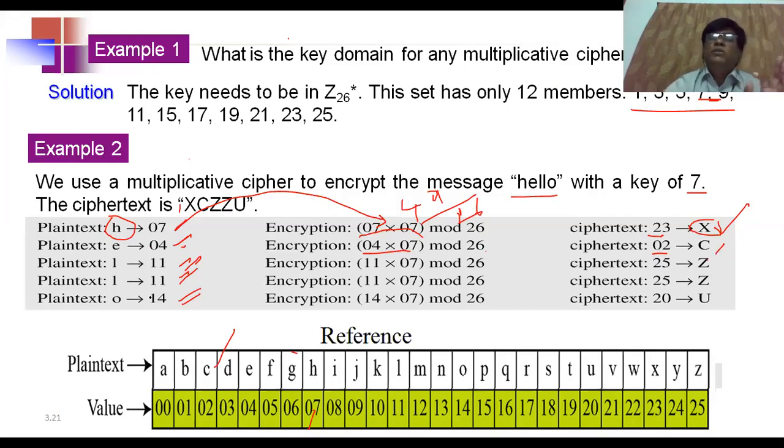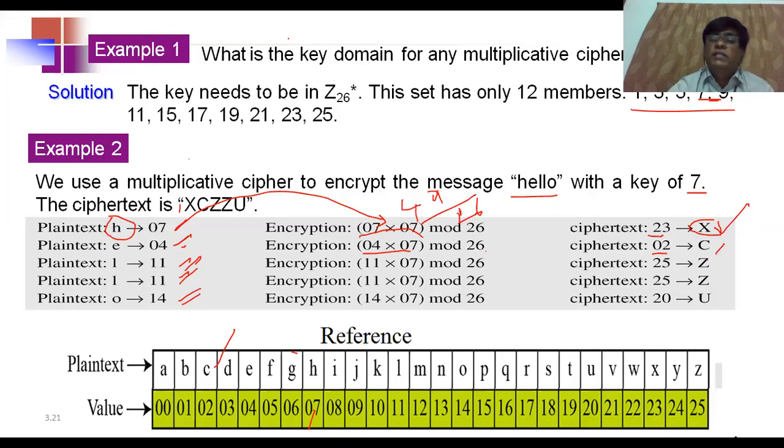Just remember one thing here. For the sake of our understanding, the plain text characters are shown as small letters and the ciphertext characters are shown as capital letters. Now this l, its equivalent value is 11. 11 into 7 is 77. 77 mod 26 is 25.